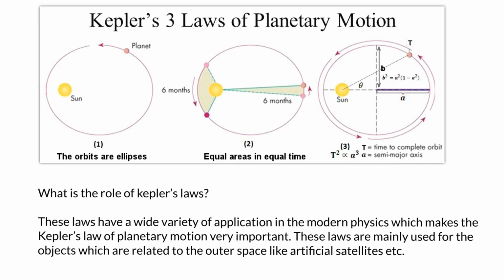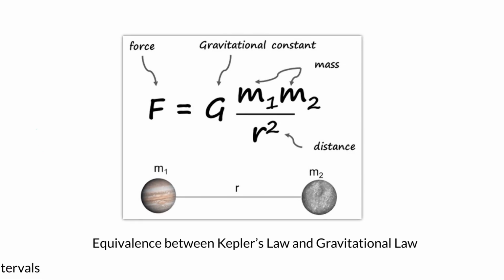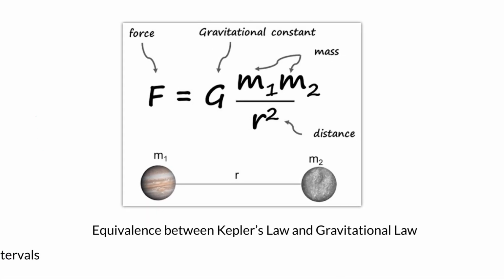Now besides that, we will also study the gravitational law of masses. The gravitational law of masses states that any two masses in this universe attract each other with a force F, which is directly proportional to the product of their masses and inversely proportional to the square of the distance between them.